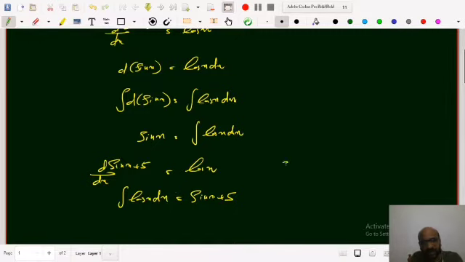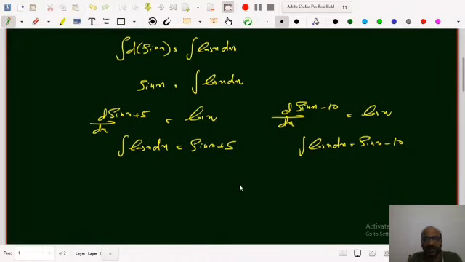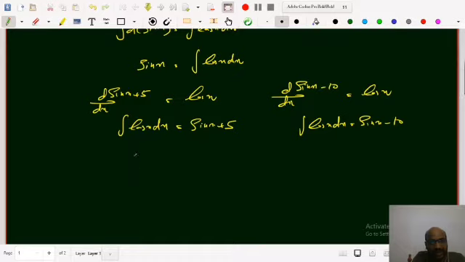Take one more example, d by dx of sin x minus 10. What is d by dx of sin x minus 10? Again it is cos x. Therefore, here also you have to write integration of cos x dx equal to sin x minus 10. So, by considering these three examples, we have to generalize this result.